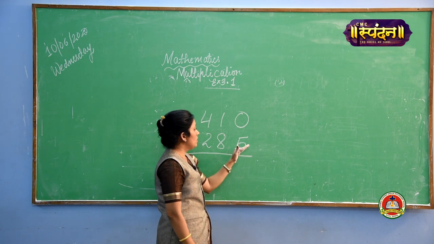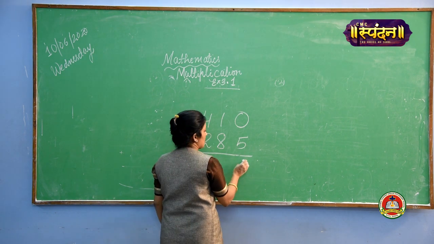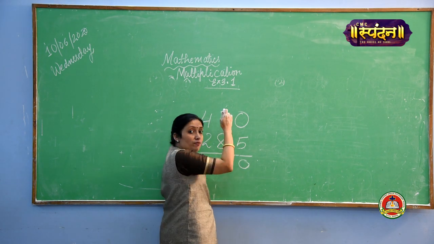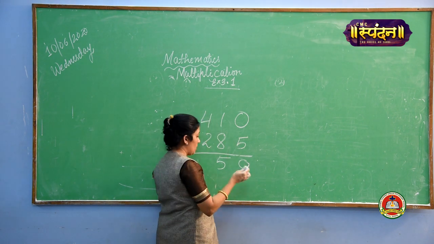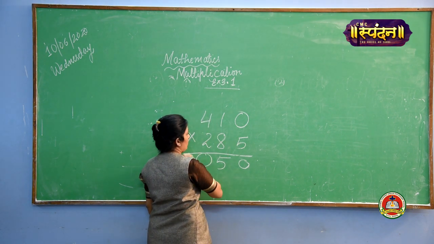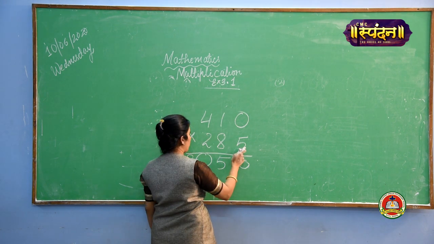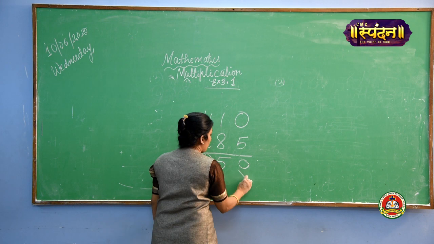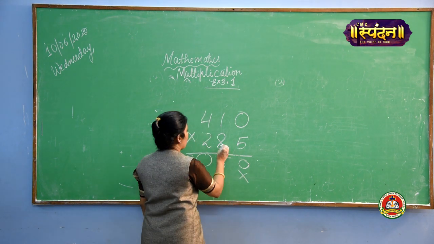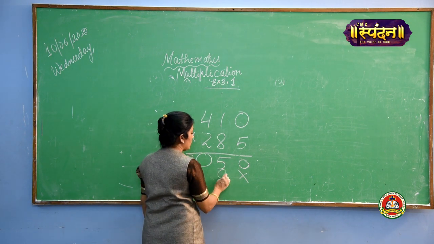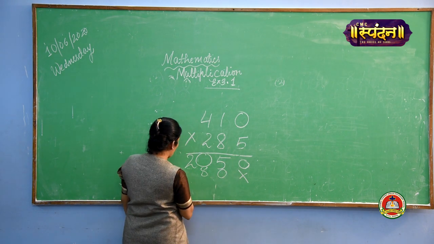So now see, again we have learned the property, 5 multiplied by 0 is 0. Now 5 ones are 5, 5 fours are 20. This place is over, so I have put a cross mark, okay. 8 zeros are again 0, 8 ones are 8, 8 fours are 32.